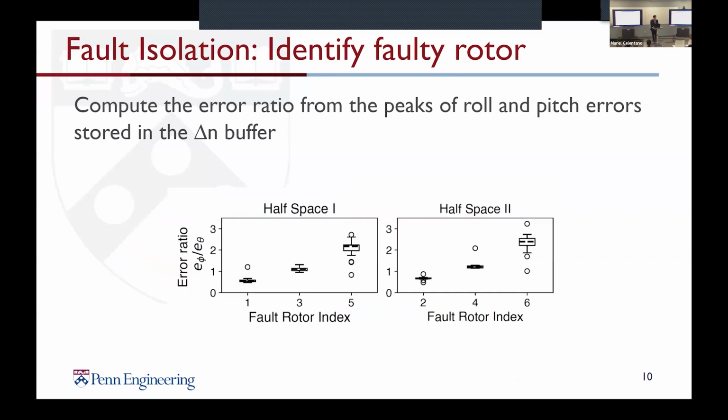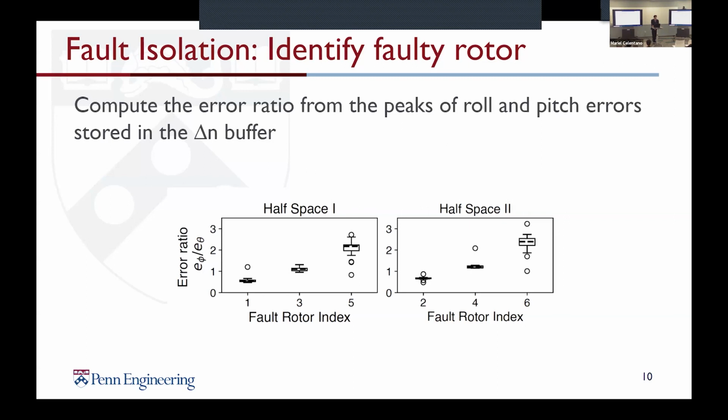And we check with the pre-recorded error profiles provided here. These are gathered from our experiments, and you can see the error profile is very similar in both half spaces. For rotor 1 and rotor 2, it concentrates around 0.6 and 0.7. For rotor 3 and rotor 4, it concentrates around 1.2.